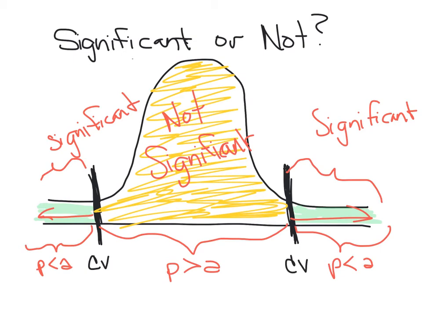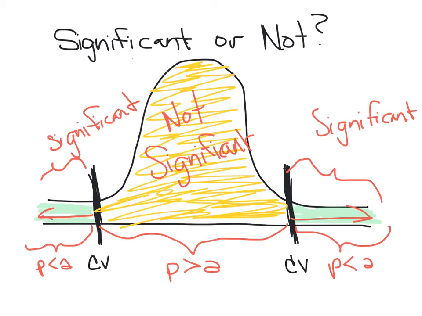That's more likely. So this is all based on looking at your t obtained compared to your t crit, or your F obtained compared to your F crit, or your r obtained compared to your r crit, or your chi-square obtained compared to your chi-square critical value.